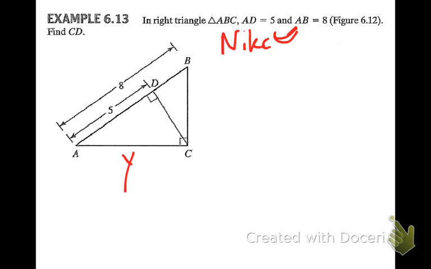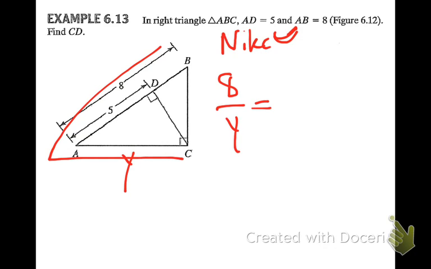So you're going to take your long side, your hypotenuse, right? And the pattern is, you say 8 is to Y as Y is to 5. See, it kind of makes a nice swoosh.